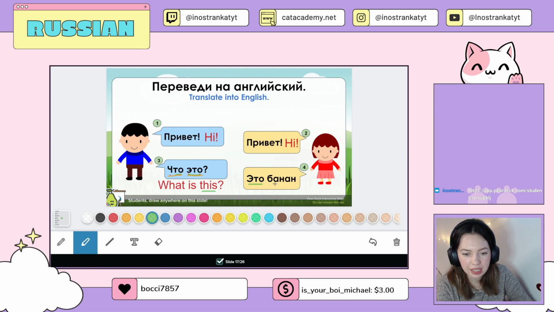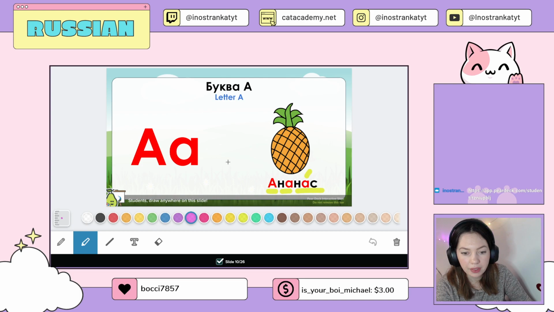So we can see there is a... After letter R, there is a strange letter. It is a little bit strange, but if we remember that we learned the word ананас today, ананас.